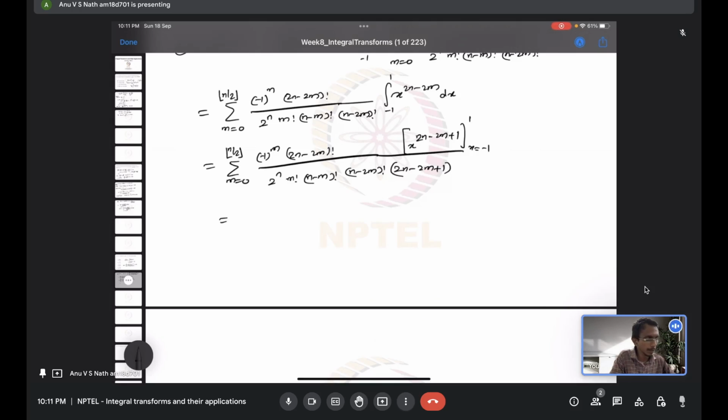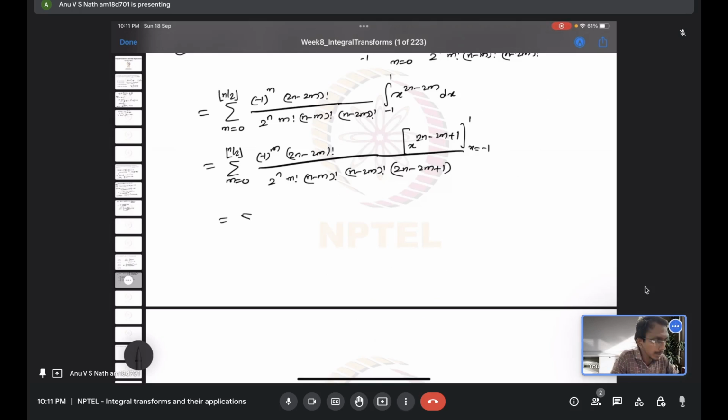Remember that. Now we are applying the limit at 1 and minus 1. So 1 does not care. Any power you give, it will give 1 only. But minus 1 cares. Minus 1, if the power was even, should have given 1. But here we have odd as a power. So that means it will give minus 1. And you are subtracting the lower limit from the upper limit, so 1 and minus 1 are subtracting each other. So that will get added and you will get the answer as 2.